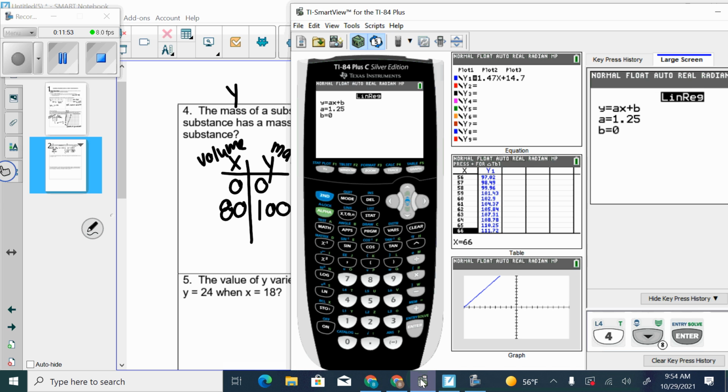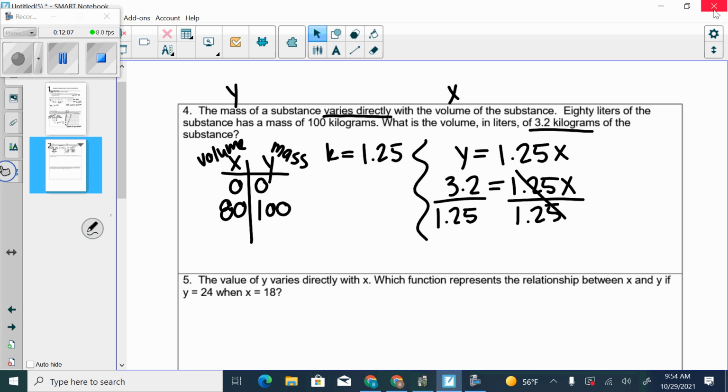So in my calculator, I would type in 3.2 divided by 1.25. We would get 2.56 for our x value. So the volume would have to be 2.56 liters.